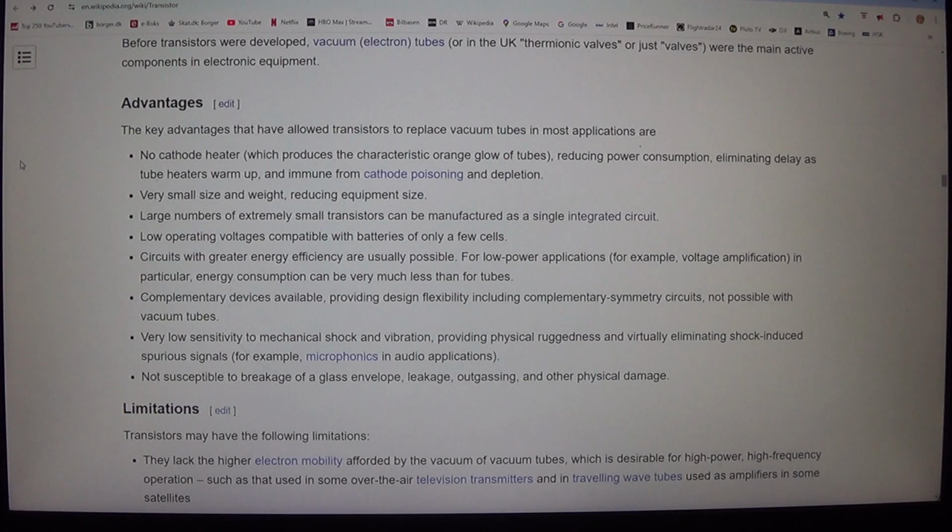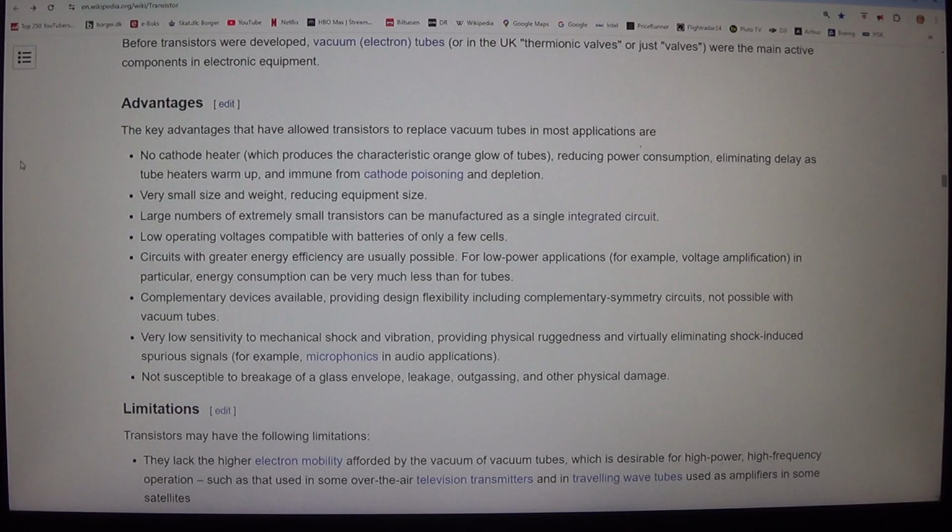2. Very small size and weight, reducing equipment size. 3. Large numbers of extremely small transistors can be manufactured as a single integrated circuit. 4. Low operating voltages compatible with batteries of only a few cells. 5. Circuits with greater energy efficiency are usually possible.